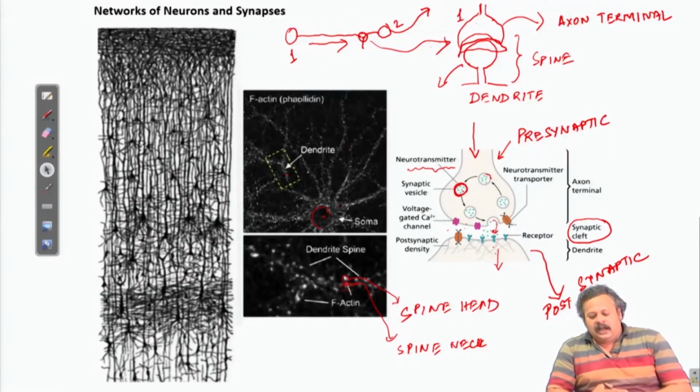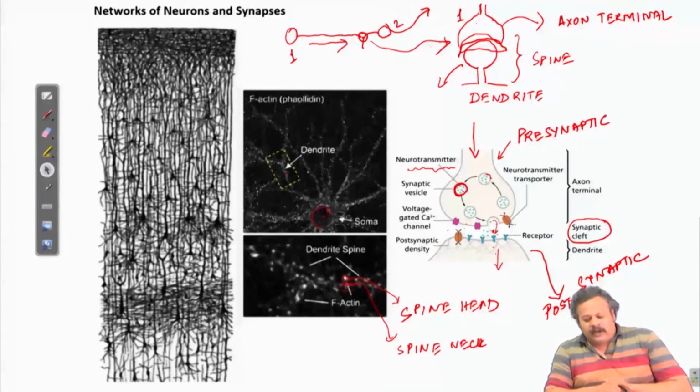So, the details of the manner in which these occur are well understood, and there are multiple different players in this little synapse, a few micron structure with a nanometer-level gap between them, and there are intricate details that actually control different behaviors at synapses.